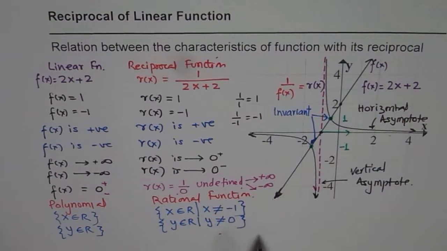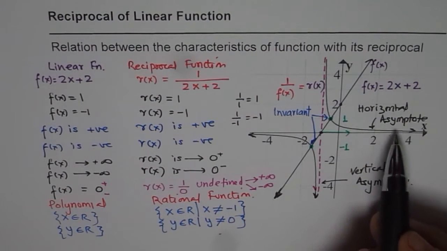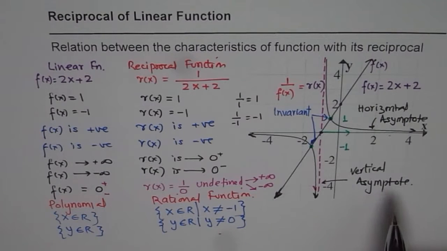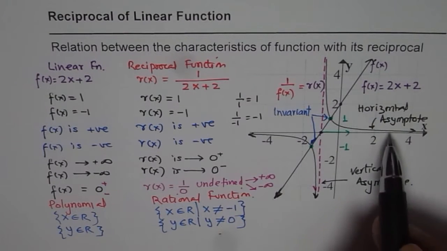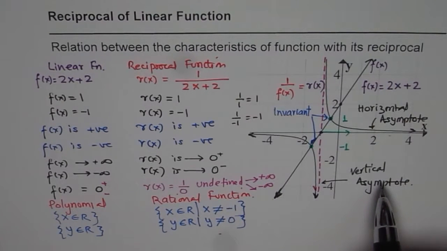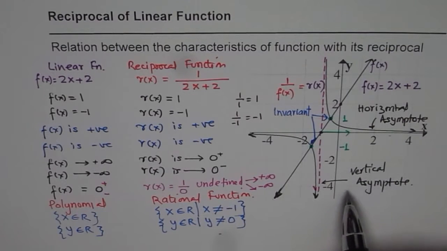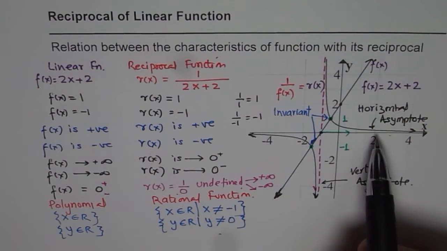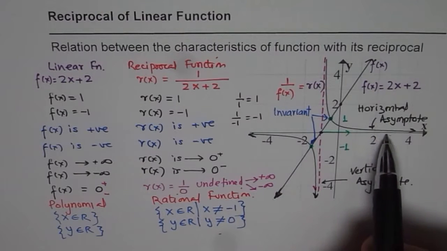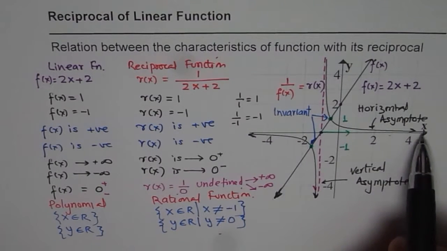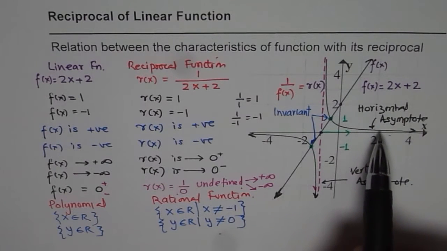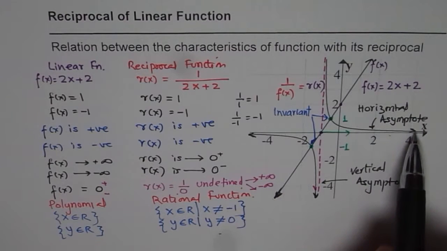Now, the important thing here to consider is what we call asymptotes. Reciprocal functions will have asymptotes, which will not be there in polynomial functions. So they are approaching a value, but they are not right there. So when the x value is increasing to a very high value, positive or negative, the reciprocal function is actually approaching a value but never being there.